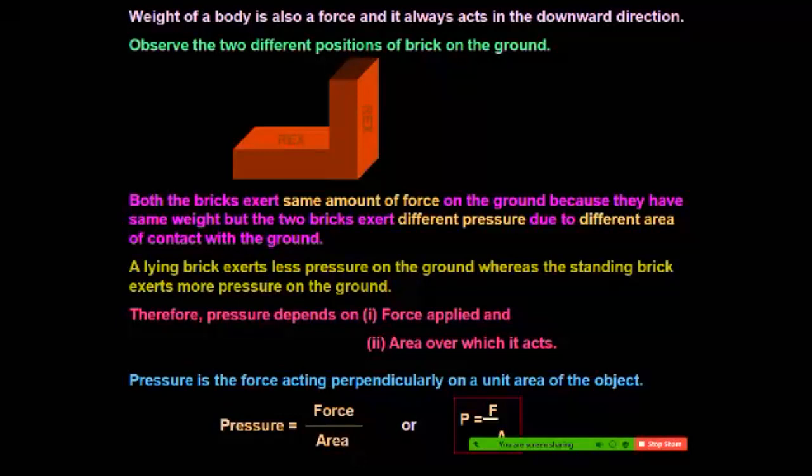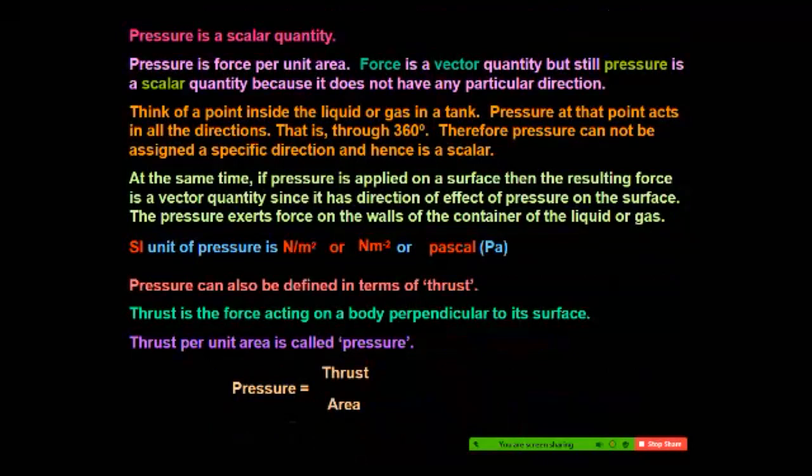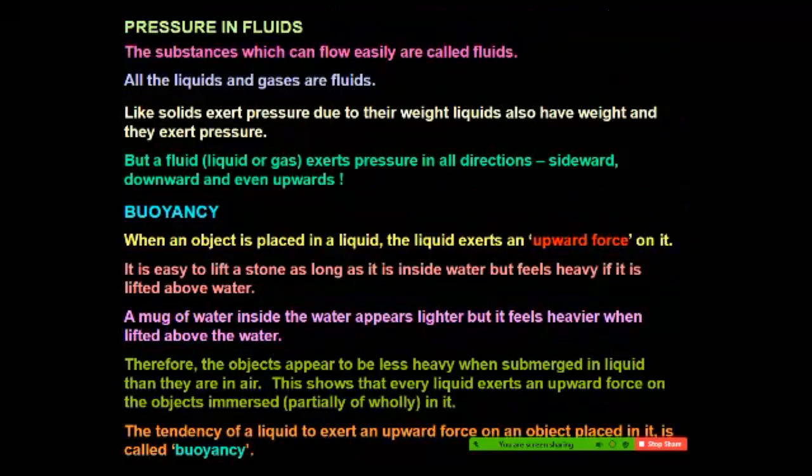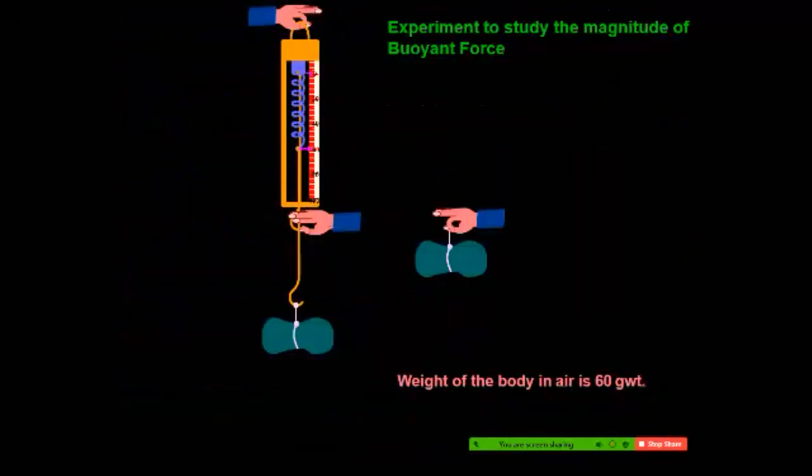So weight of the body is also a force, always acting in the downward direction. Here, students, pressure is equal to force upon area, so P is equal to F upon A. Pressure is a scalar quantity. Students, this is the observation. Buoyancy force is not in your course.